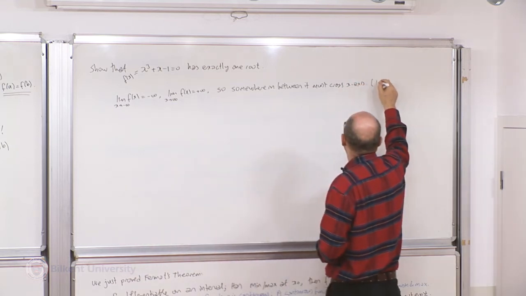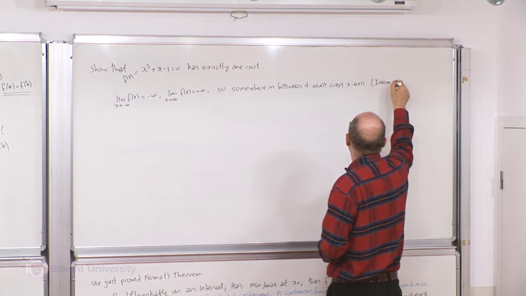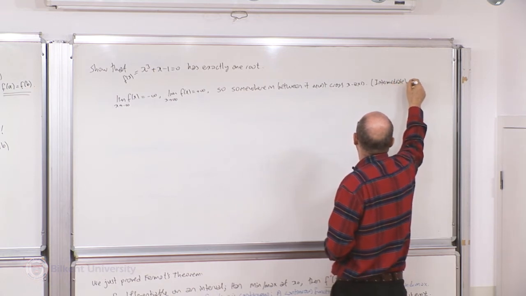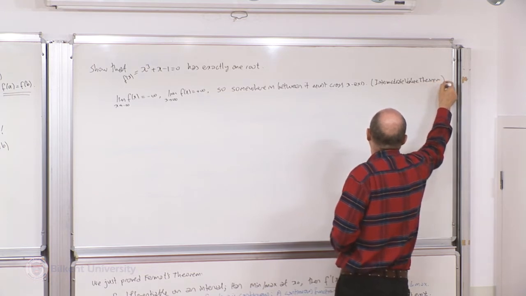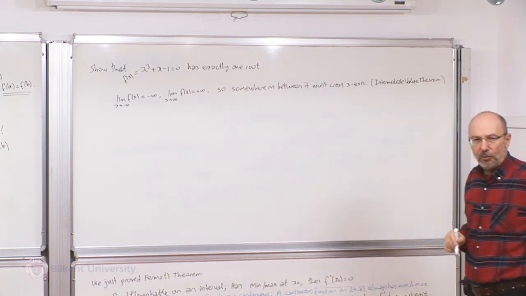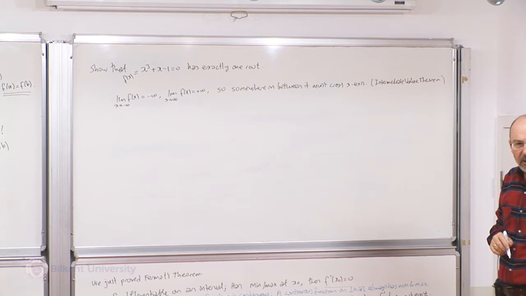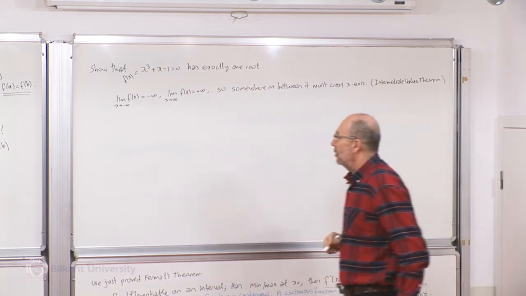This is the intermediate value theorem. You have to be able to quote these theorems to convince other educated people. So by the intermediate value theorem, it crosses the x-axis.